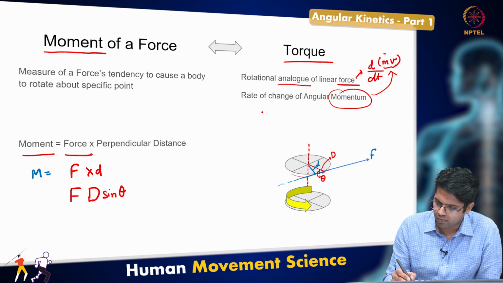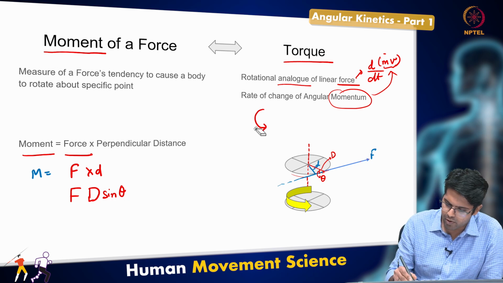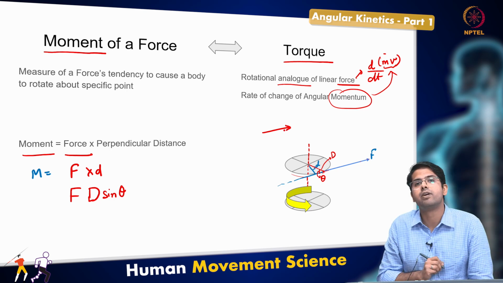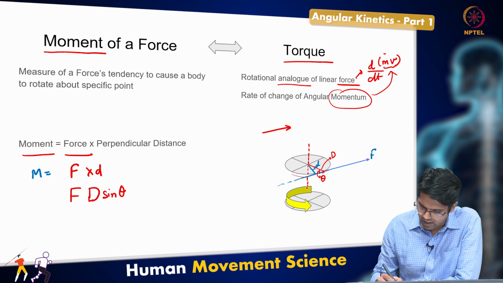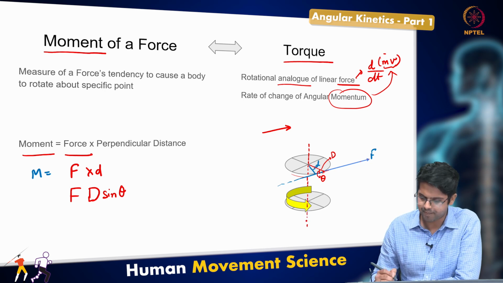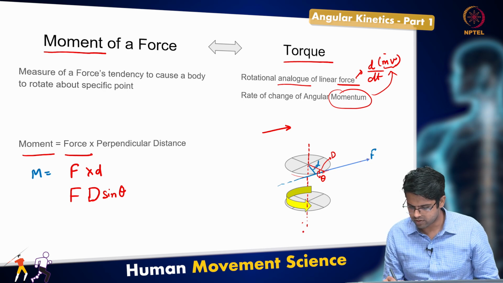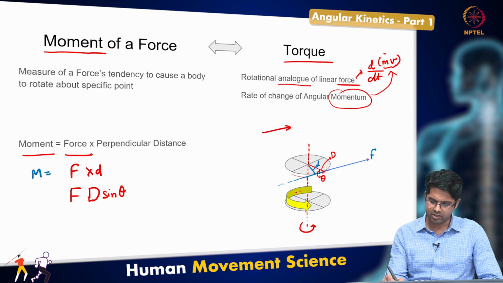So what that means is, if you remember, force was a linear vector, right? I can also apply a force in a twisting direction, like this is what this arrow is supposed to indicate.